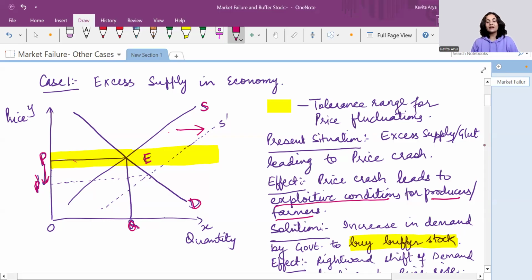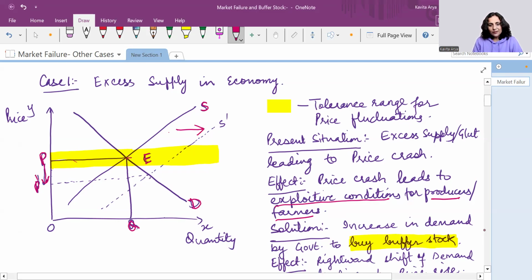So what should be done and what does government do to save them? So the solution is an increase in the demand by government to buy buffer stock. It means government creates demand in the market as a counter effect of the increased supply so that the prices are maintained and things are restored. So let us see how it happens.